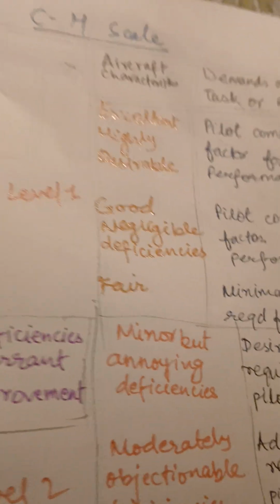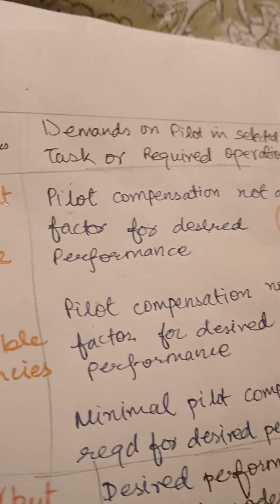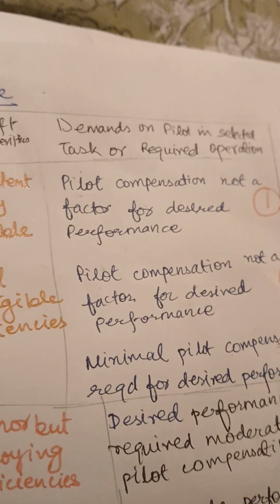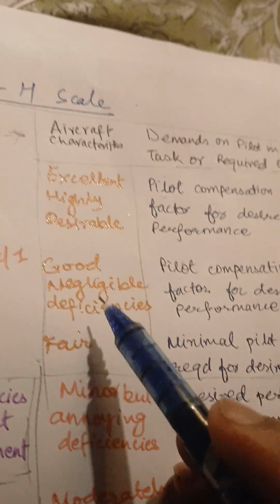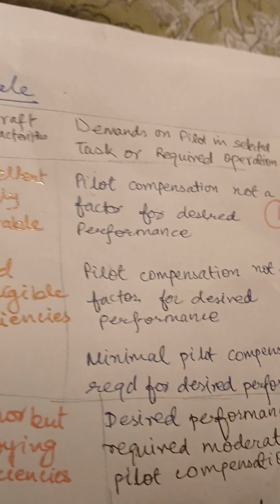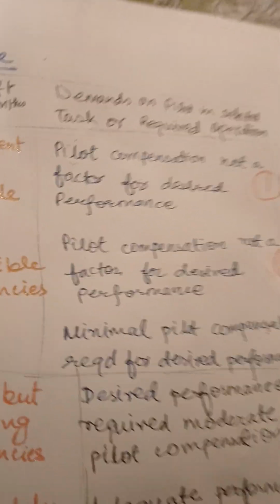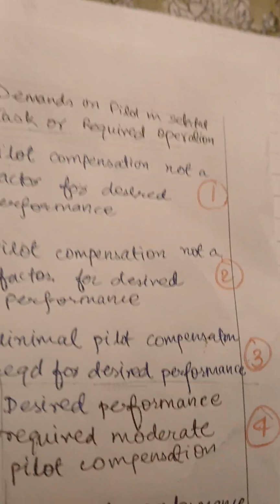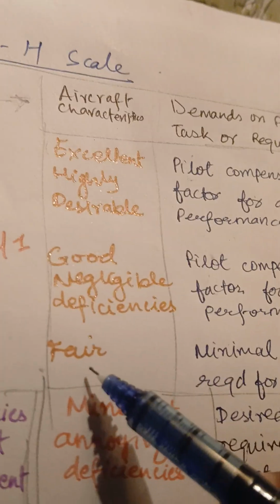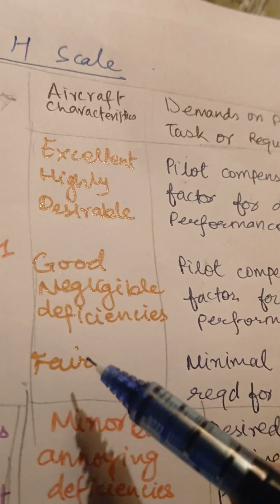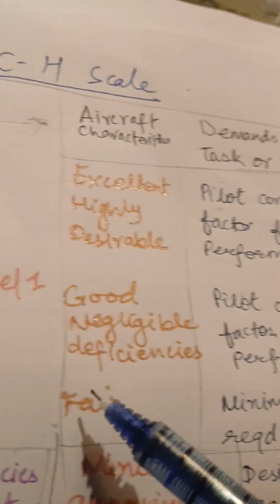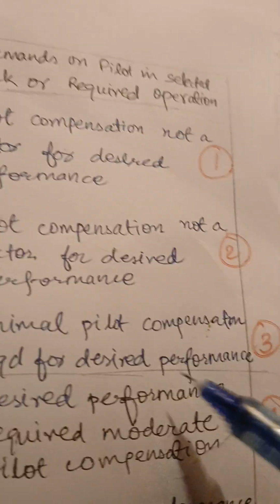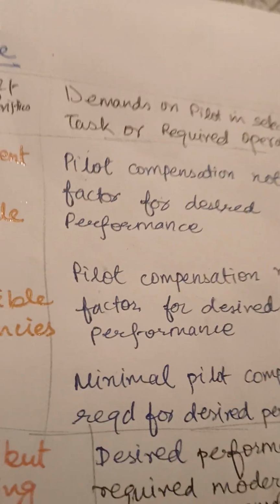So that was level 1, rating 1. Next is good, negligible deficiencies. Again, pilot compensation is not a factor for desired performance. Excellent would be a bit better. If the pilot gives 2, that is also okay. Now fair: when the pilot gives this remark, it means minimal pilot compensation is required for desired performance.